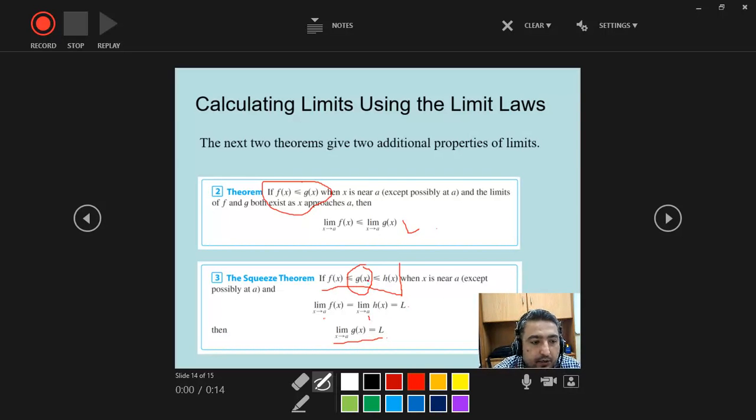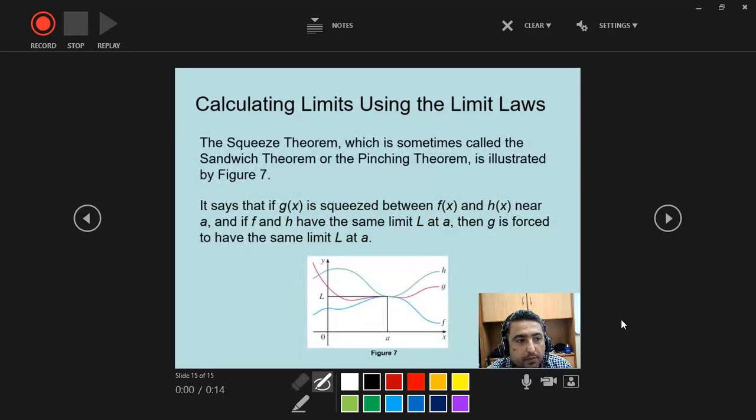Let's say g of x is complicated, but we can establish that it is less than some simple h of x function and greater than a simple f of x function, and we know the limits of these two functions, but we cannot find the limit of g. So we can say that the limit of g of x is the same as that of f of x and h of x. Examples will clarify this theorem. This is also called the sandwich theorem. Remember this one, it is an important one.